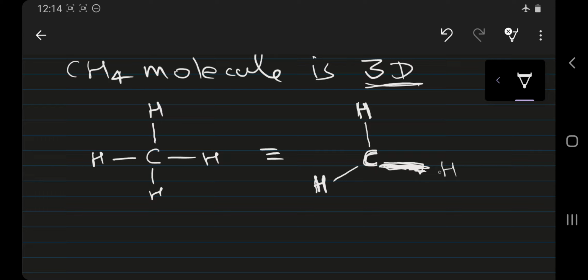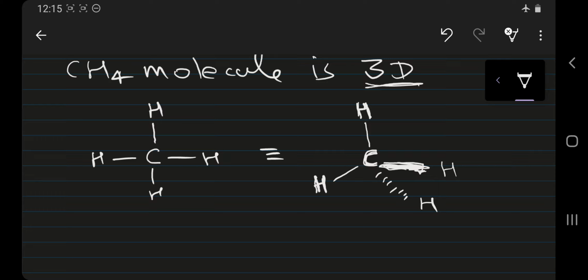This edge is projecting towards you and another edge is going away from you. This kind of representation shows the 3D structure of carbon, and the molecule is showing a 3D structure. 2 H are in the plane of paper and 2 H are towards the observer or away from the observer.